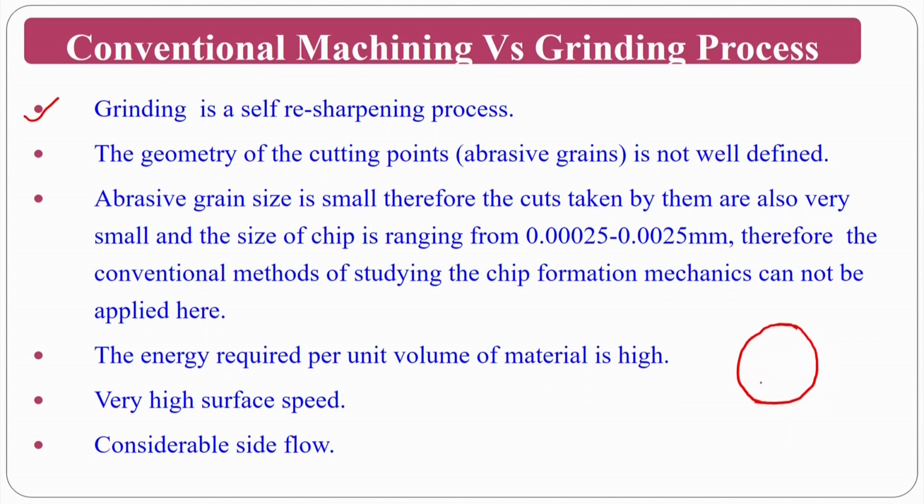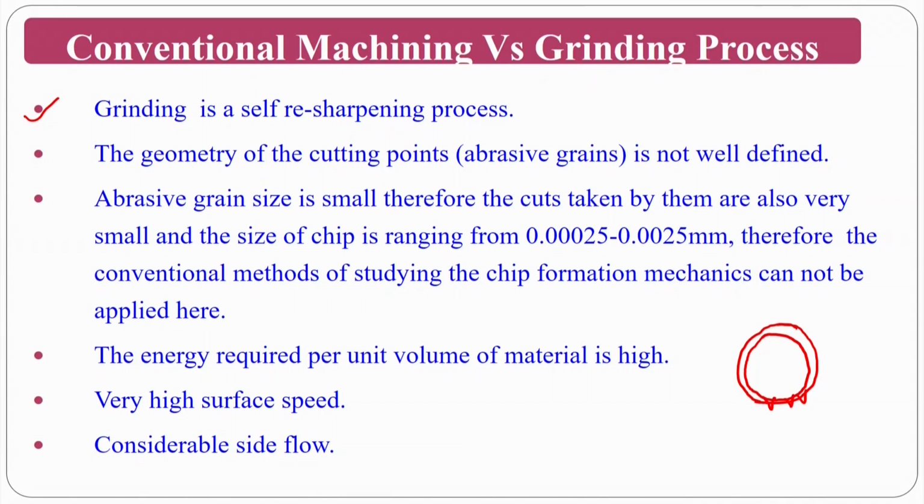If the abrasive particles here are gone, the next set of abrasive particles will come into action and do the machining or finishing operation. That is the self-sharpening process.